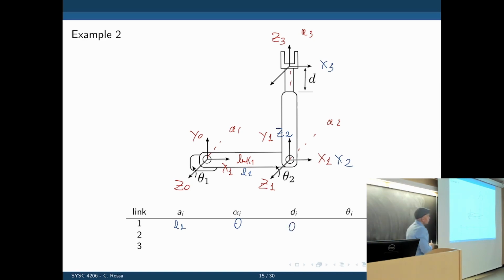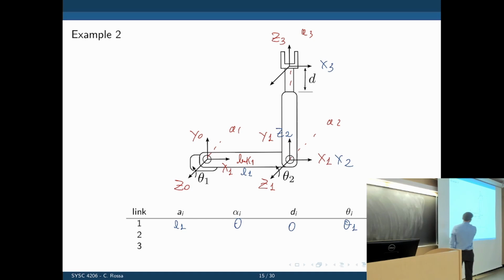And then the last one is the rotation of x1 with respect to x0 around z0. That is theta 1. Same as before, right? Nothing new.